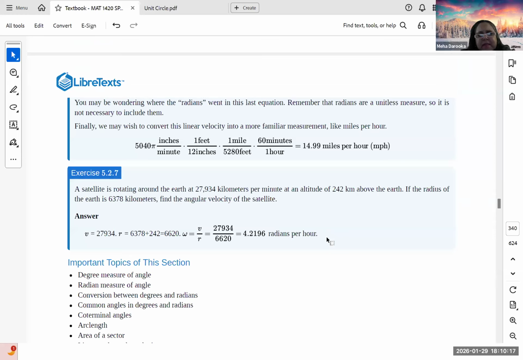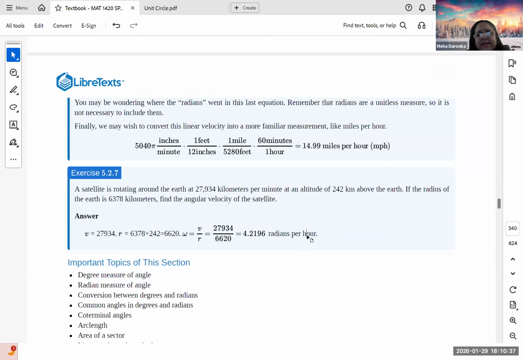Actually, it should be minutes, because you had 27,934 kilometers per minute, and we did not do any conversion from minutes to hours.